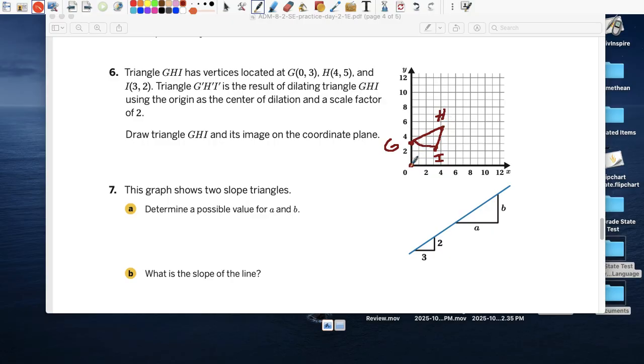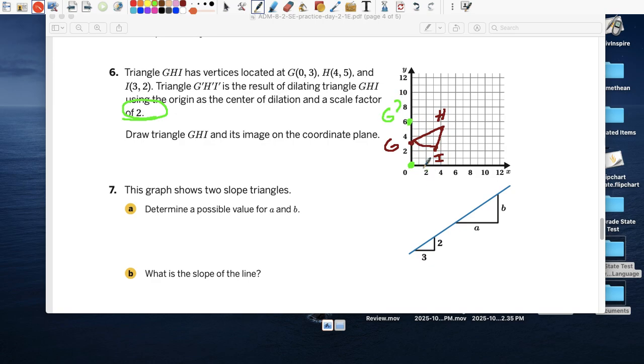So the green one's my center of dilation, the origin. So everything is going to get, again, doubled. So ask yourself, how do you go to G? To go to G, I go 3 units up. So G prime is going to be 6 units up. So there's where G prime is.